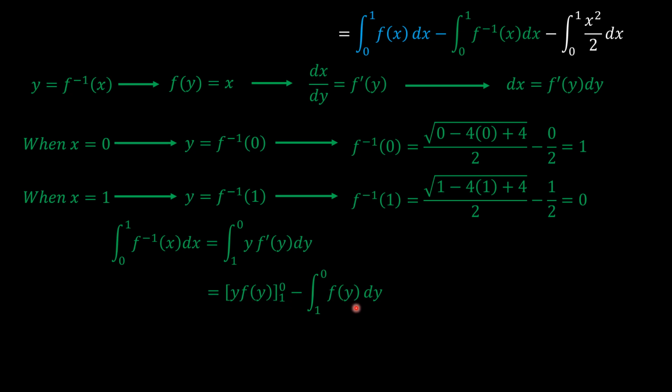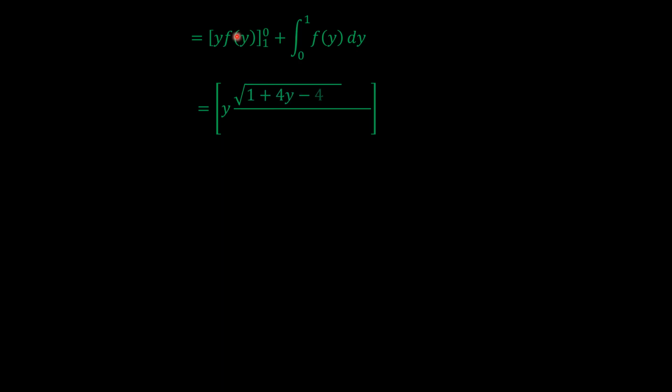So we've used integration by parts here. And since we have a negative sign, we can flip the limits, and we change this negative to a positive sign. Right? So let's continue.